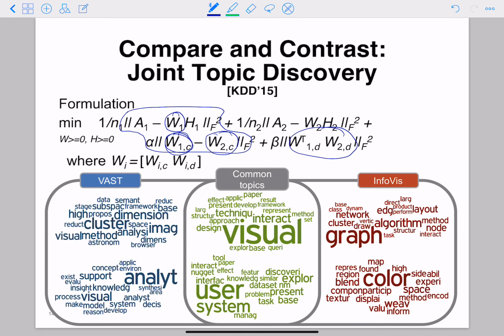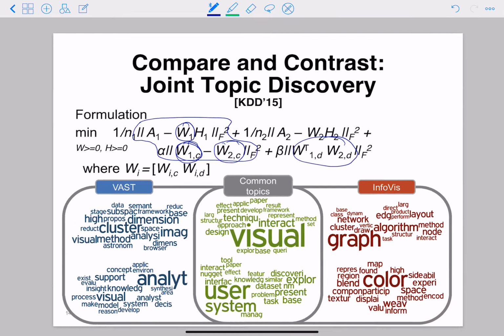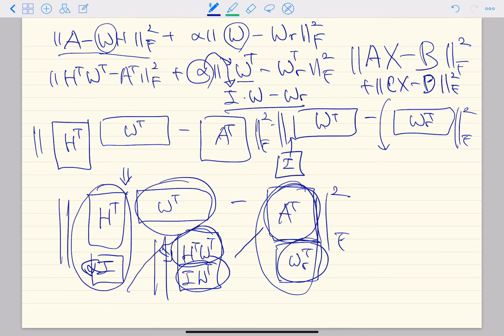And what about this guy? In this case, as long as we have something like Ax minus b, then it's a Frobenius norm. Suppose this guy plus Cx minus d Frobenius norm and so on, then it can be written as A and C and x and b and d, right?